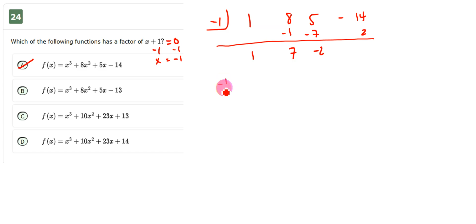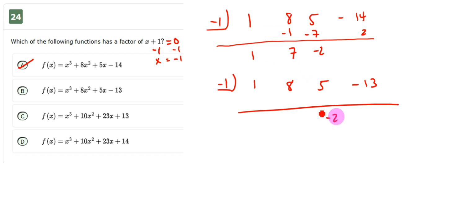So same thing, negative 1, we have 1, 8, 5, and negative 13. Nice thing is here, well, this is all going to stay the same. The first numbers are the same, so we're going to get down to negative 2 here. That's not going to get us to 13. The next one, now it changes up a little bit.